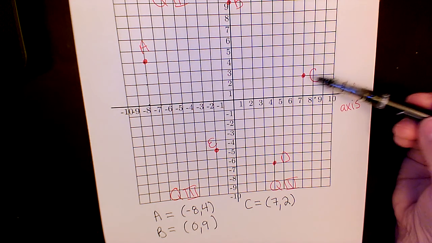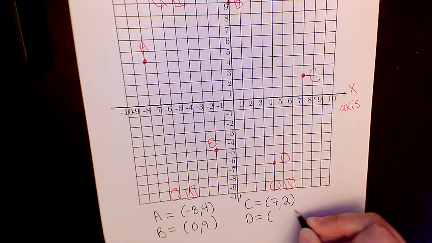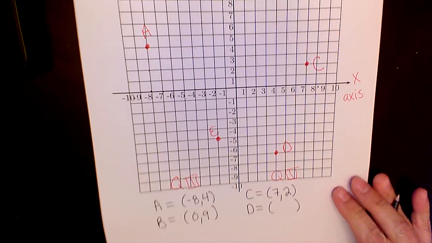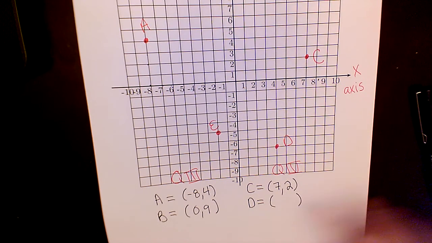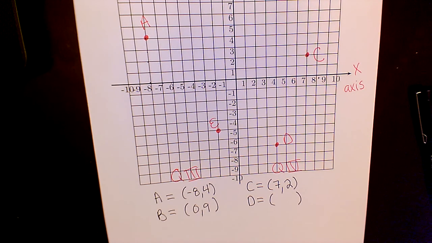So point C is (7, 2). Okay, let's look at D. And remember to always put your points in parentheses, because I will take off, I think, a half for that. So just to remind you.